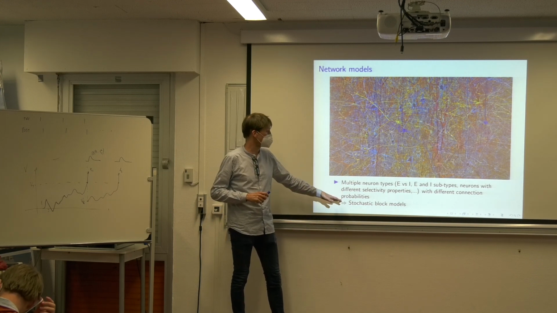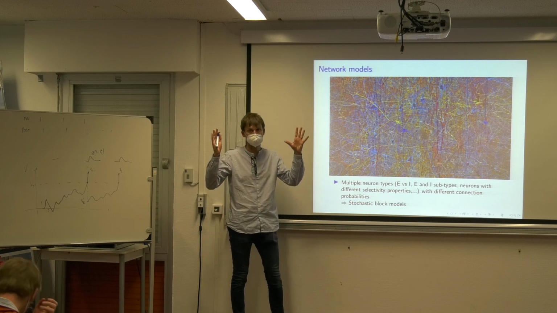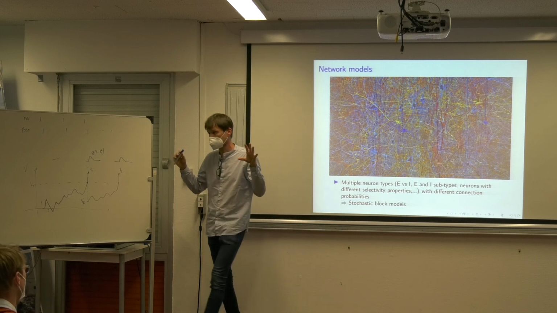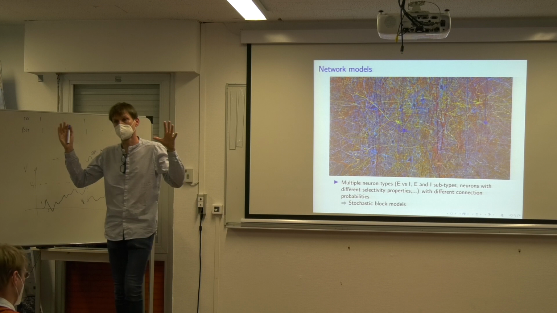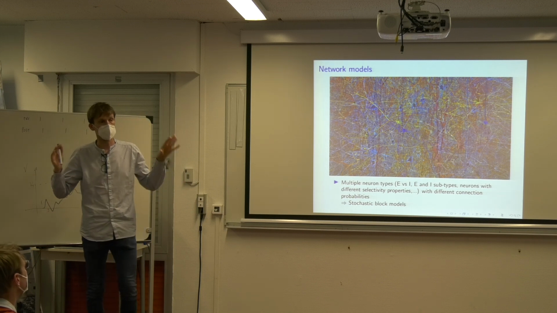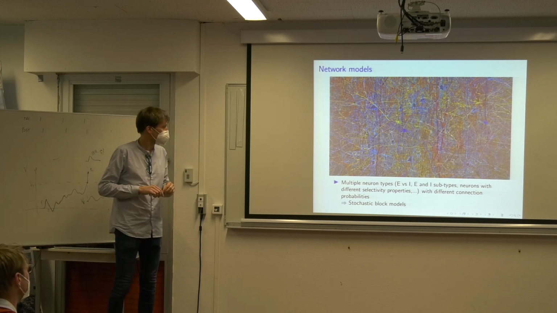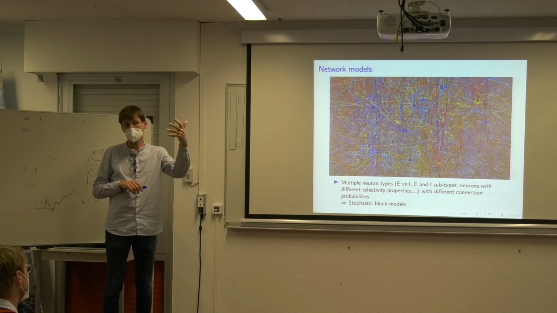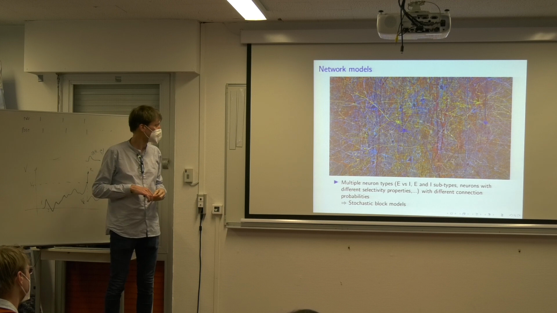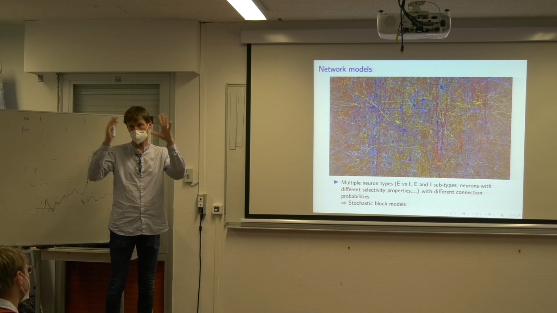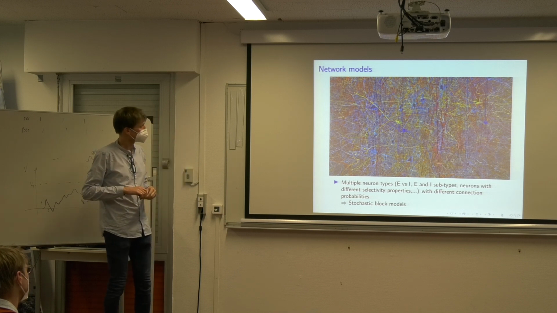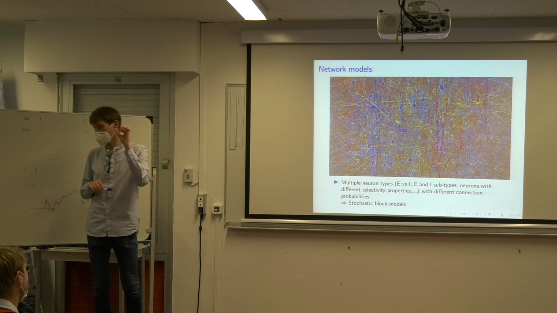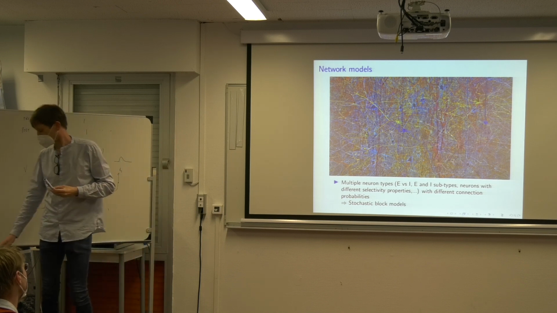So now you have a model in which your connection matrix is no longer specified by a single connection probability, but you have something that's sometimes called a stochastic block model, where depending on the identity of pre- and postsynaptic neurons, you will have a different connection probability. So your model is specified by an n by n matrix of connection probabilities, where n is the number of populations.